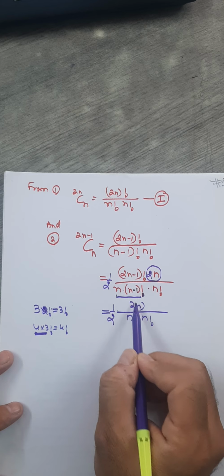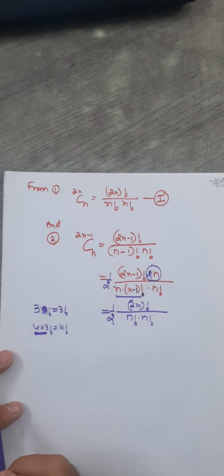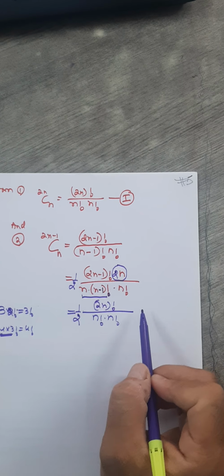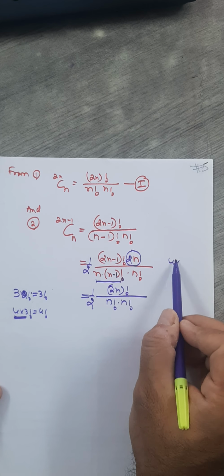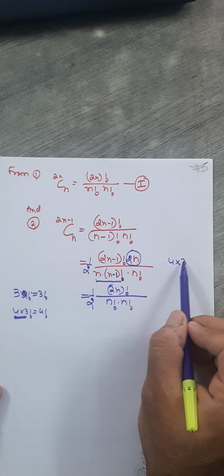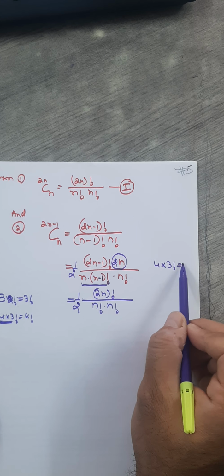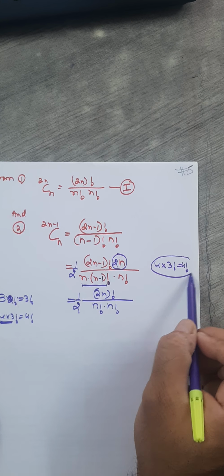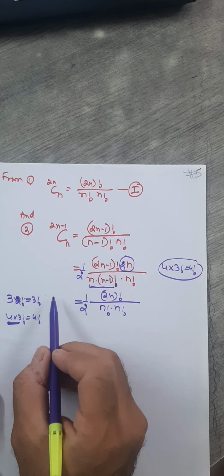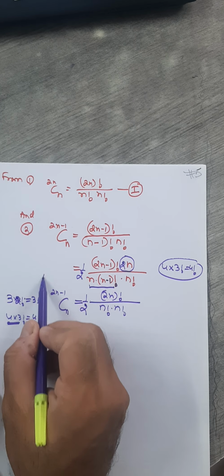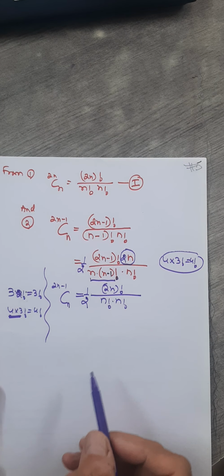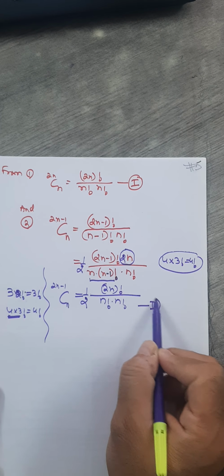This is 2n factorial. It's again the same concept, remember here. 4 into 1 less factorial, that is 3 factorial, what is that? 4 factorial, you know this. So multiplying and dividing by 2, we are getting this, 2n minus 1 cn equals this. Call this as big 2.